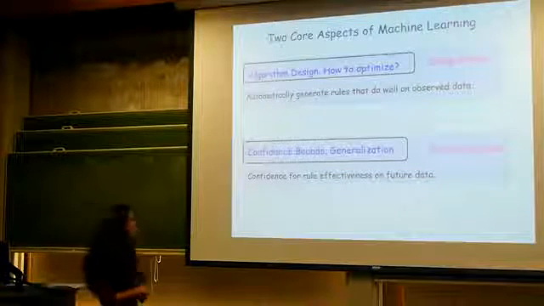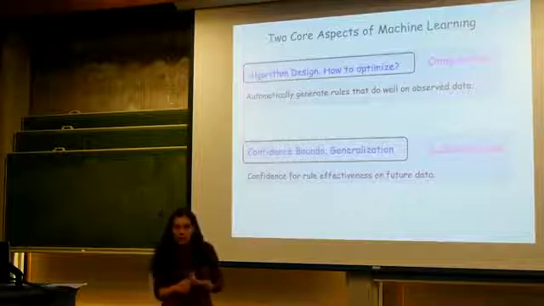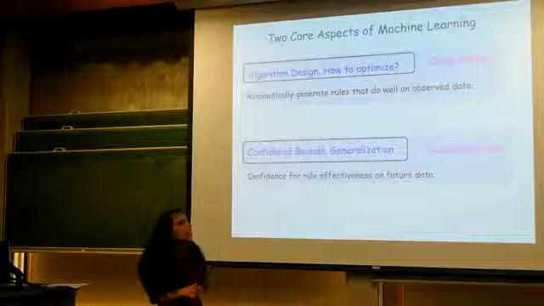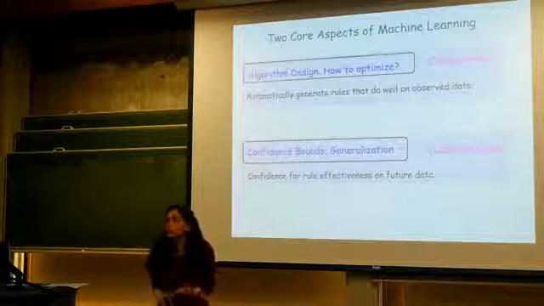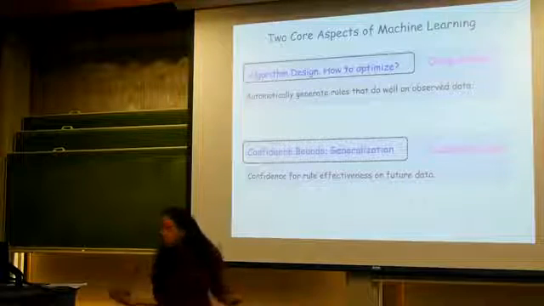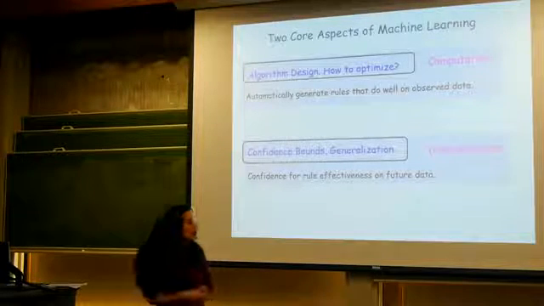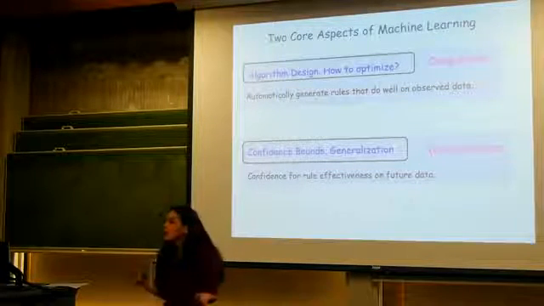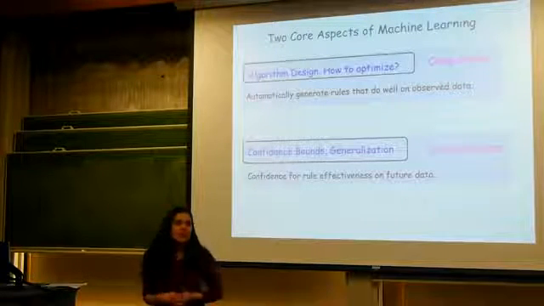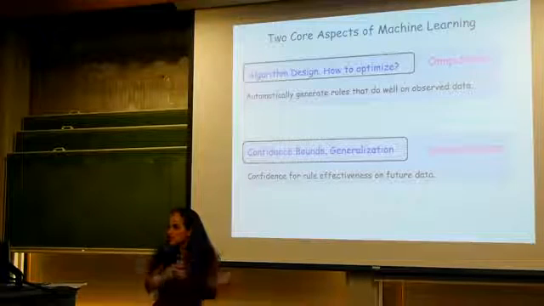The second key question is confidence bounds or generalization guarantees. We've also seen that for the first question, sometimes solving the most natural optimization problem, like finding the smallest decision tree consistent with the data, could be hard. So in those cases, we might want to think about smart heuristics, try to analyze them under natural conditions about the data, and still have good insights on when to apply one versus another.